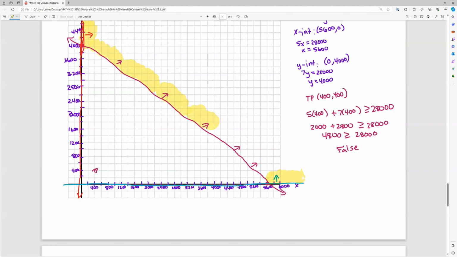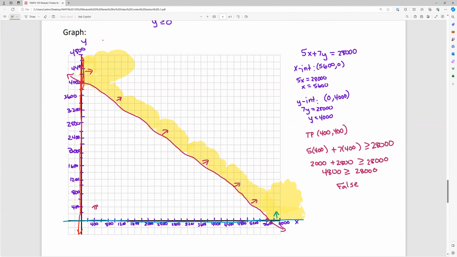So it looks like we're shading like a regular inequality, but we have those non-negative constraints that are keeping us from shading the rest of this half plane on those edges. And then we would continue to shade all of this.